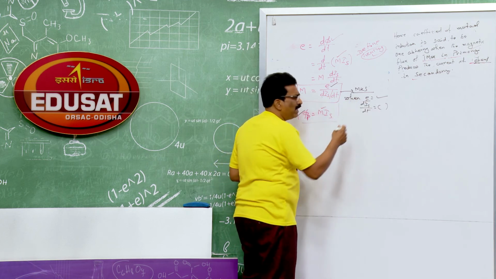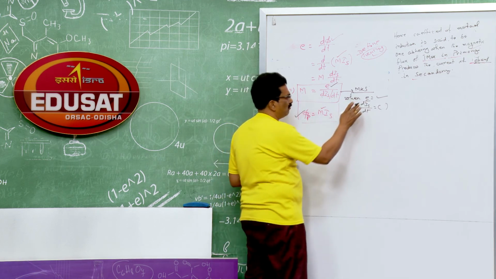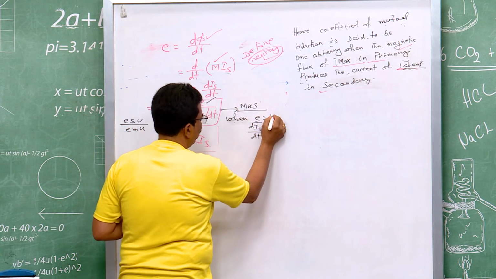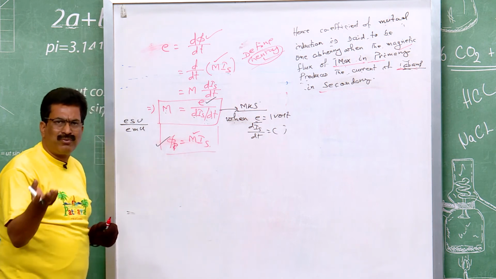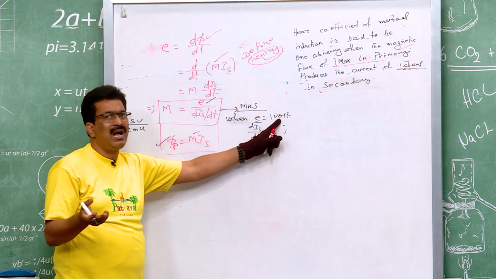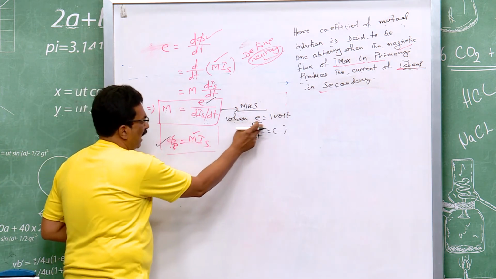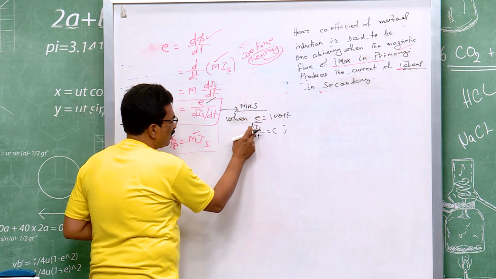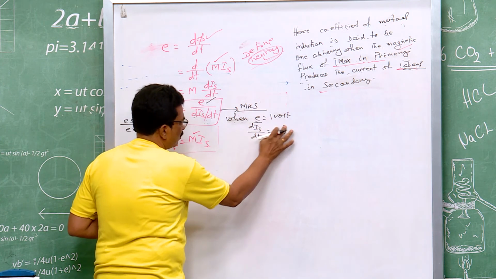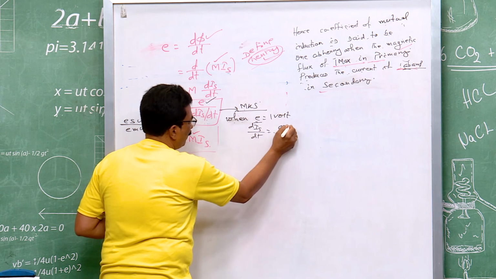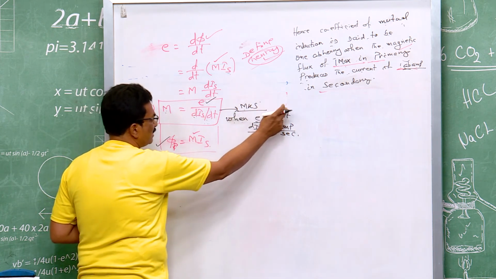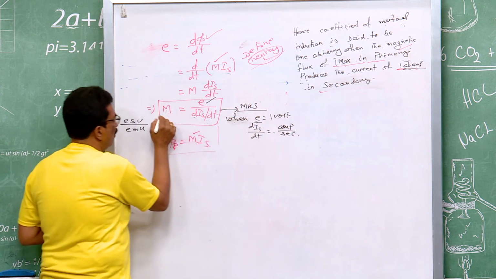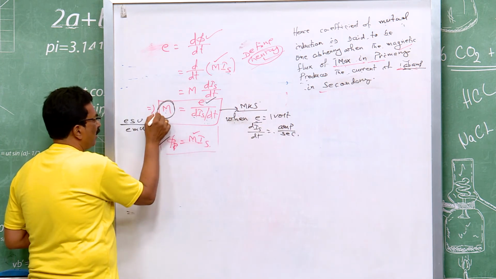E is what? Induced EMF. EMF means the volt. So, here the unit will be the volt, because it is the M case. If we go for the EMU, that will be the abvolt. And dI by dt, I means the current, t means the time, so this is ampere by second.